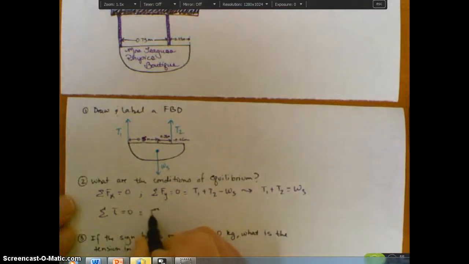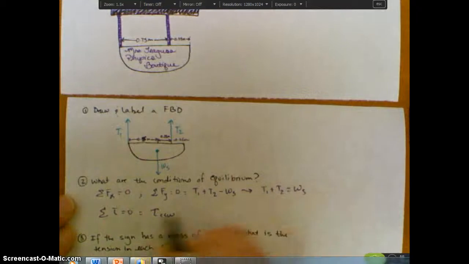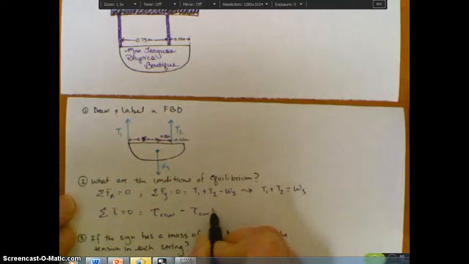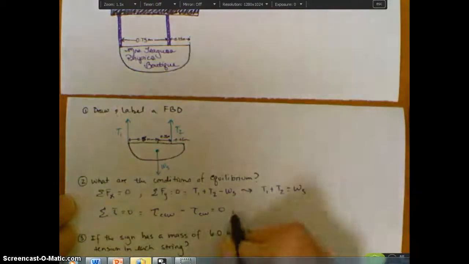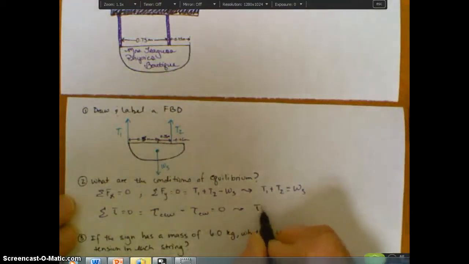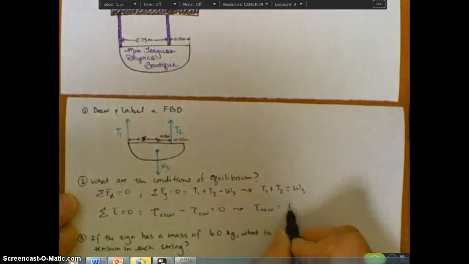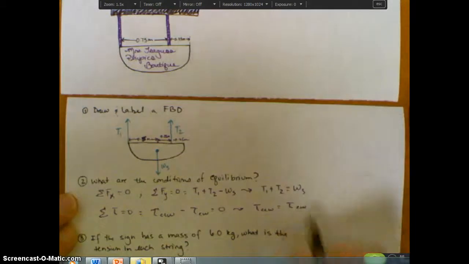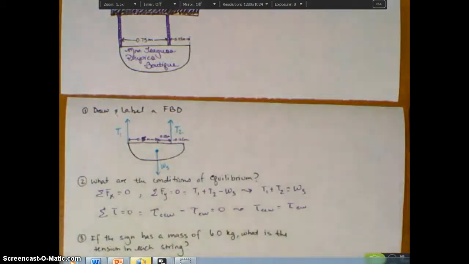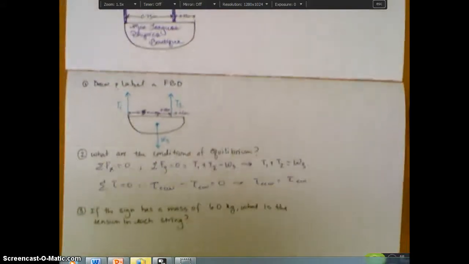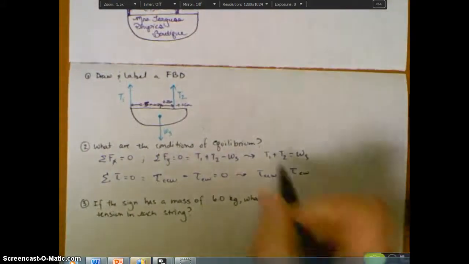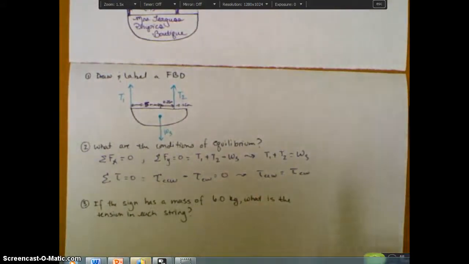So the torque in the counterclockwise direction, which is positive, minus the torque in the clockwise direction has to equal 0. Or the torque in the counterclockwise direction equals the torque in the clockwise direction. Those are my conditions of equilibrium.